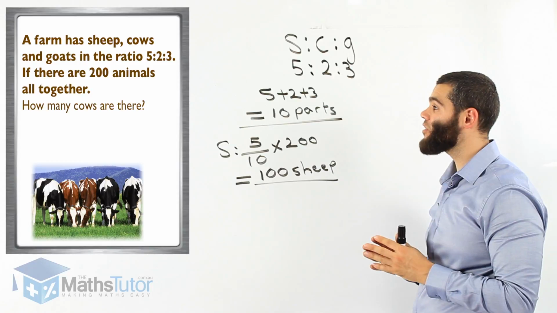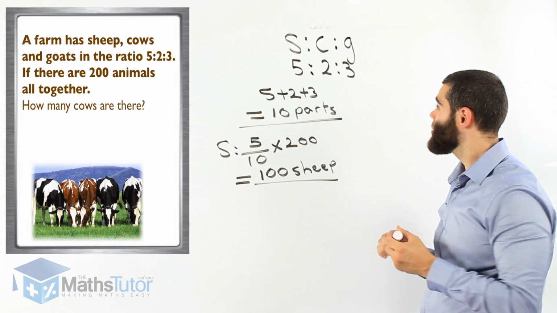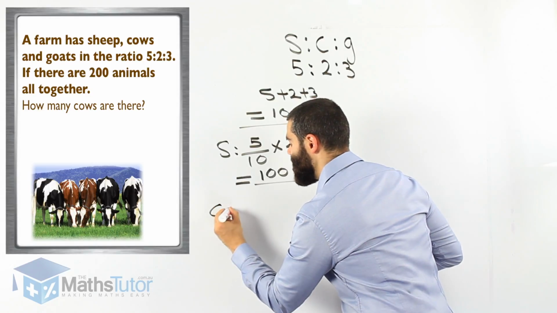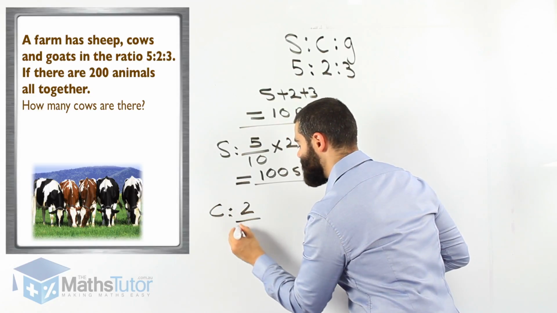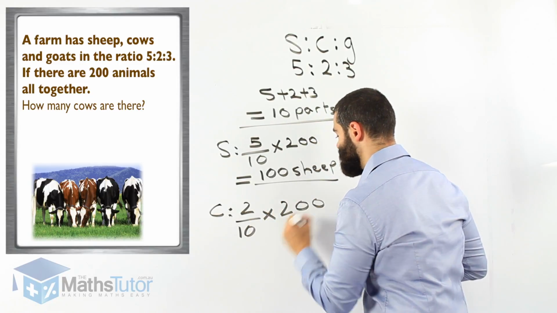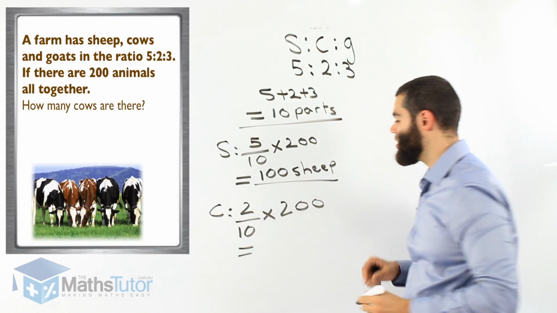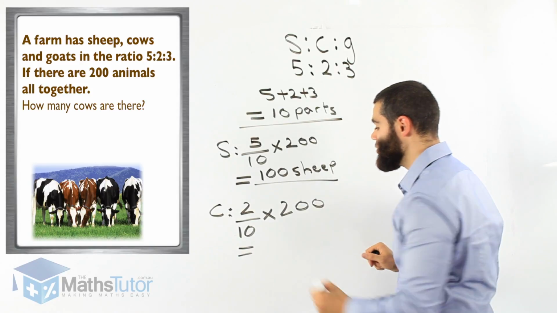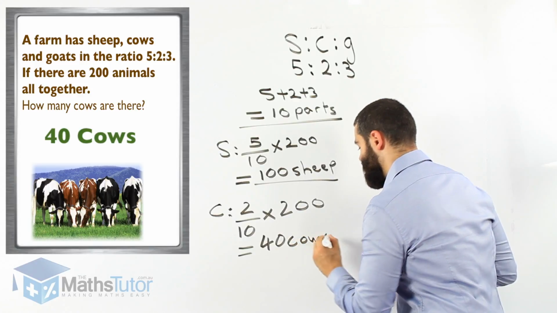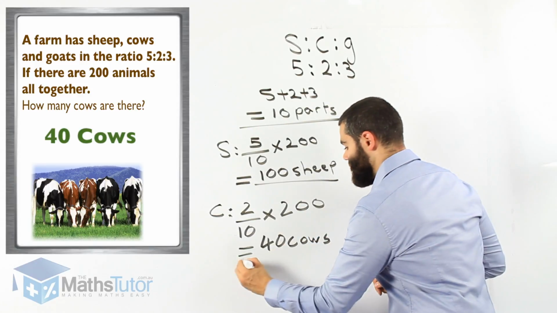Next, we are asked to find how many cows there are. Cows we know are 2 parts out of the 10, times 200 animals. 2 over 10 times 200, there are 40 cows on the farm.